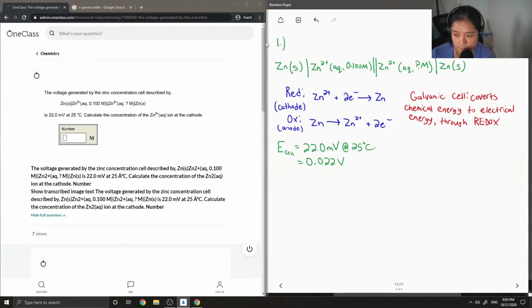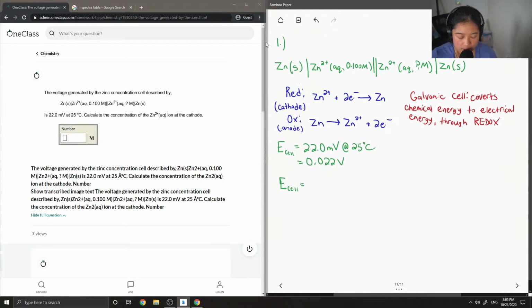And then to calculate for E cell, it's going to be the following. Well, this is the equation that we're going to need to calculate the concentration of zinc 2 plus.